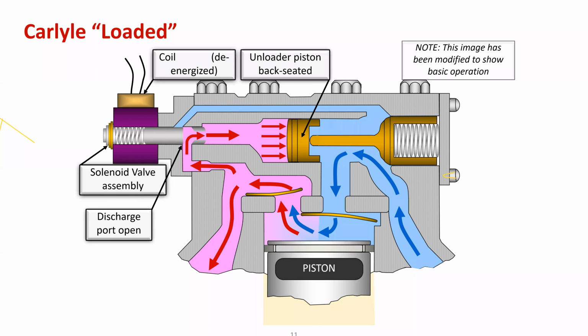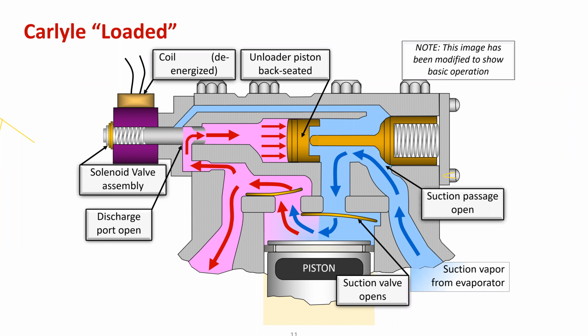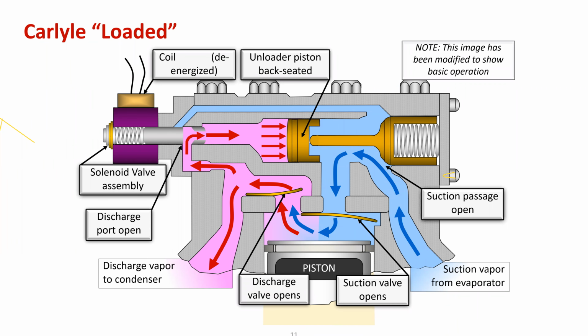So Carlyle uses the discharge gas to keep the piston pushed down, where Copeland actually uses the discharge pressure to deactivate the cylinder. So we can see the pressure flow in the piston, just like normal, from the suction side into the piston, out the discharge side.